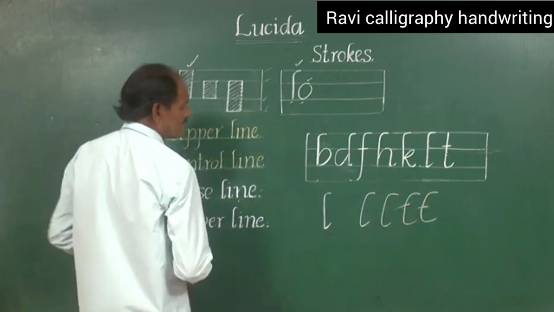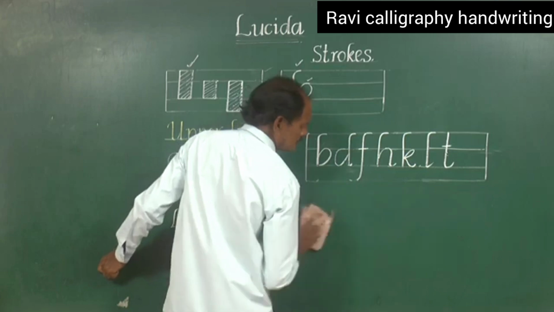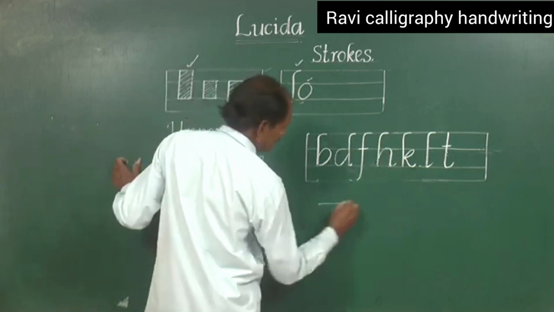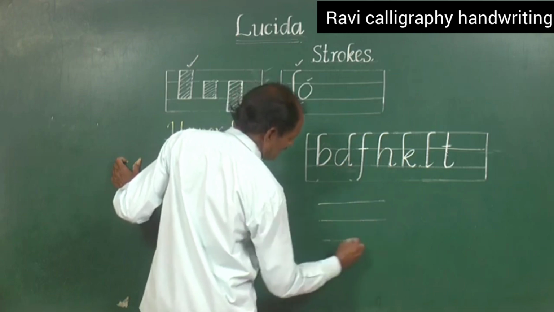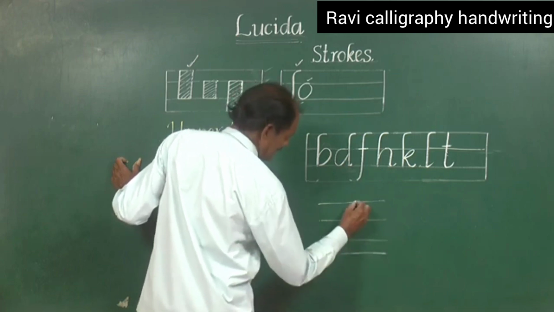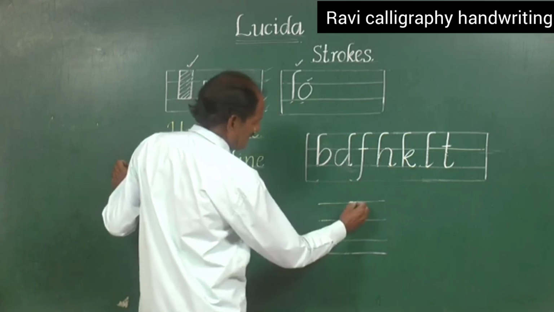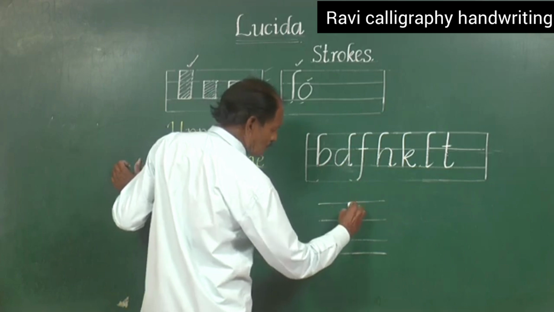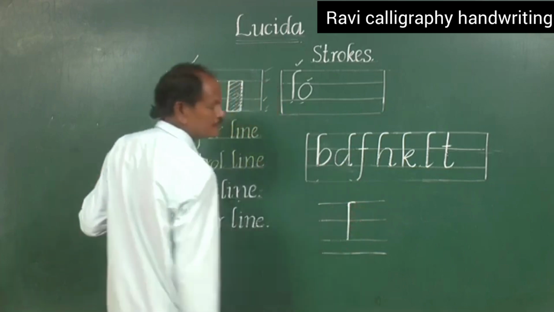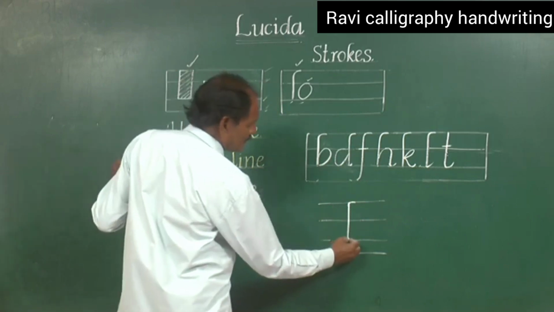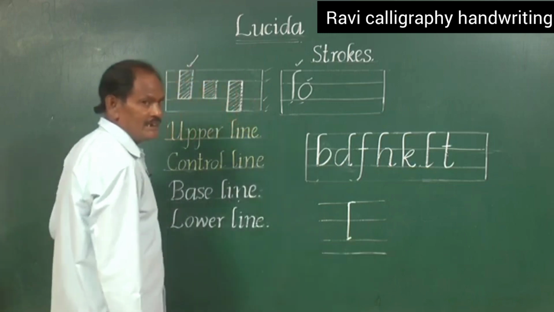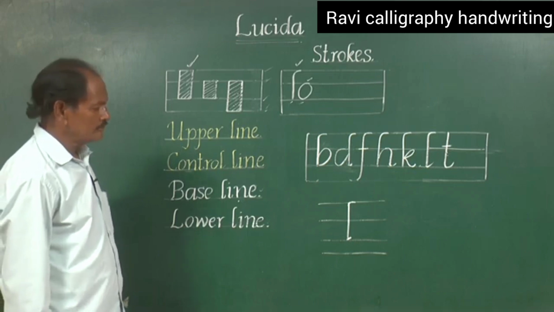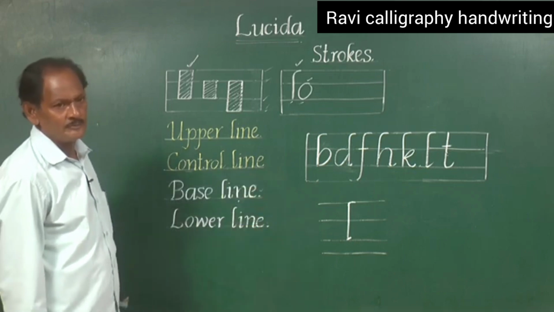The correct way of writing L is dragging on this upper line, slight dragging on this upper line like this, and from there we have to take a slant. From the slant it is almost straight line, and a small hyphen will be given to the right side of the letter. Okay? This is the correct way of writing L.